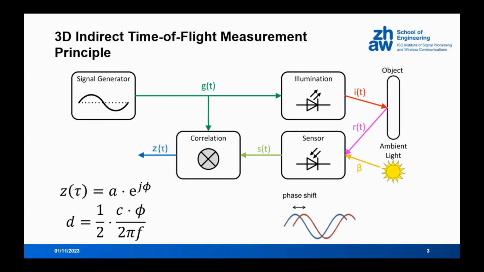The light hits an object and is reflected back. What we are measuring is the phase shift, as you can see here, between the sent out light and the received light. Because that takes some time to travel, we measure this small phase shift. This gives us the distance. This phase shift is also frequency dependent, but because we know the frequency, we can calculate the distance.